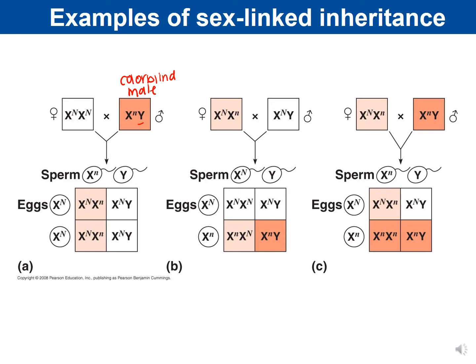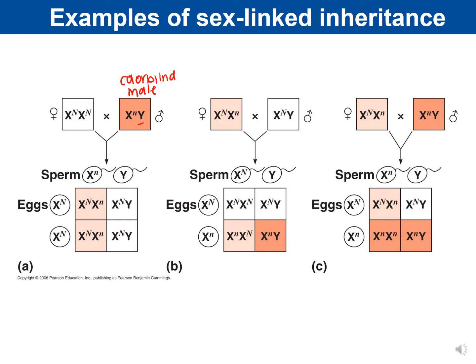But if we look at the types of gametes that the parents can produce, dad could either make X little n sperm, that's one option, or dad could have sperm that contain the Y. The only option for the female and her eggs is X big N, or again, X big N. So these are the options for the egg, there are two choices, and these are the options for the sperm, there are two choices.